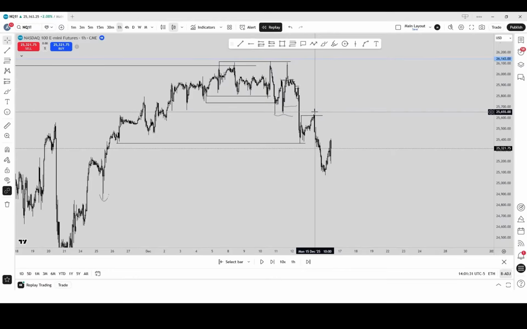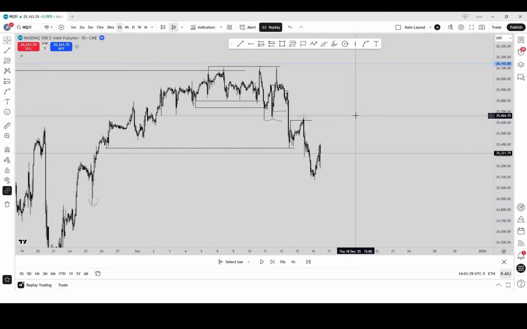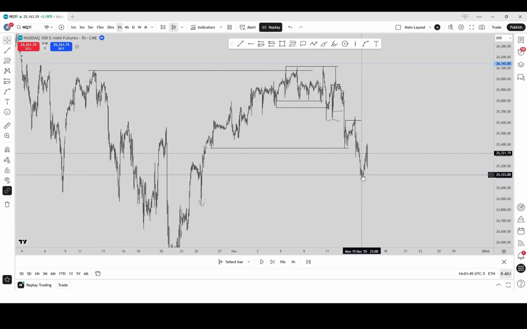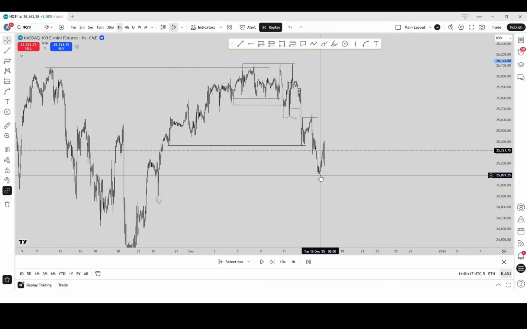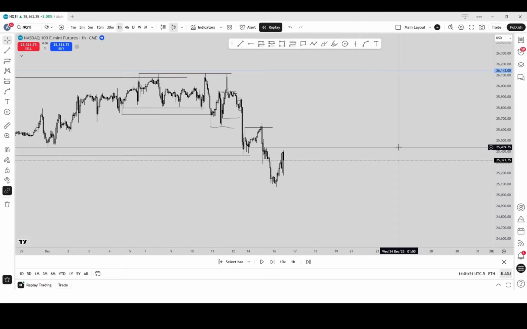We have an LB here. Am I allowed to sell? No, exactly. I don't see a reason for price to come below here because we've just respected the low. All right, that's all that happened so far.